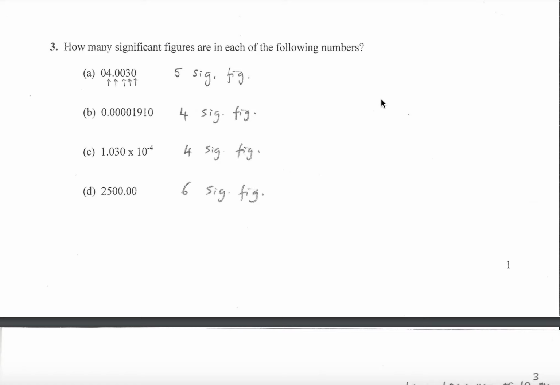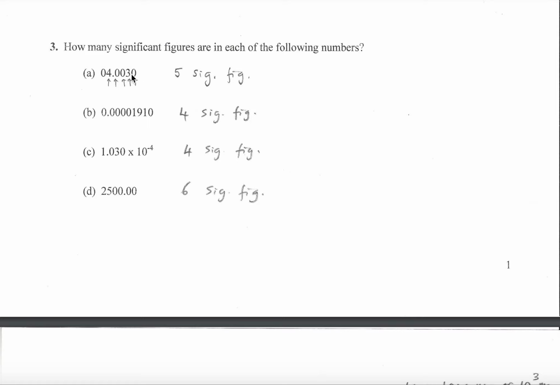Okay, for number 3, our job is to identify and count how many significant figures, how many numbers are important, in each of the following quantities. Okay. For example, the first one is 0.4040030.